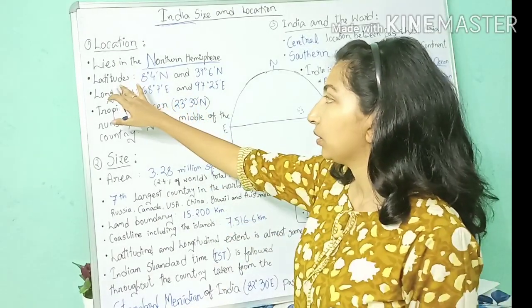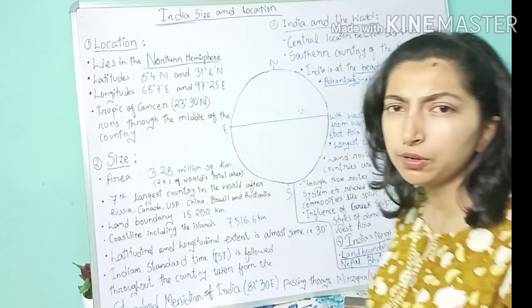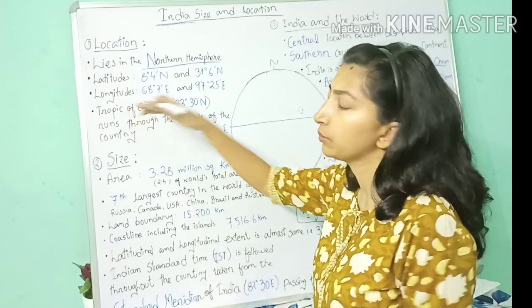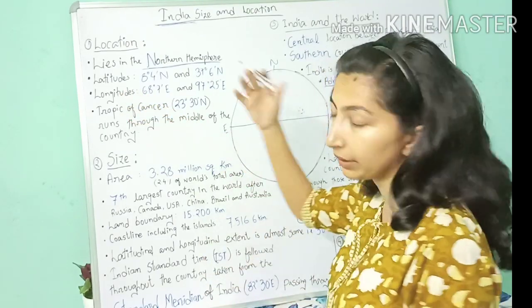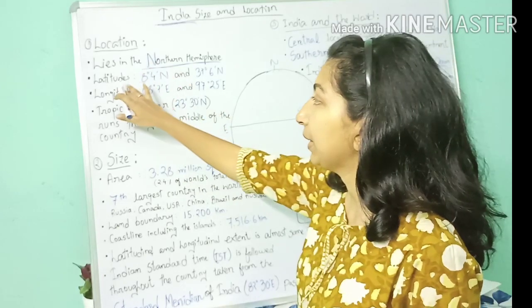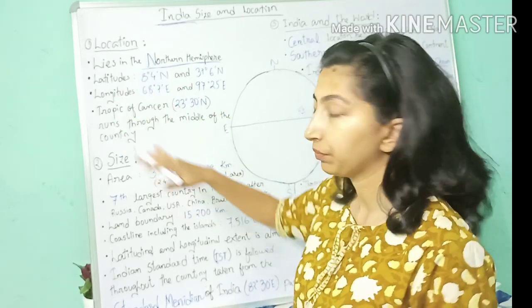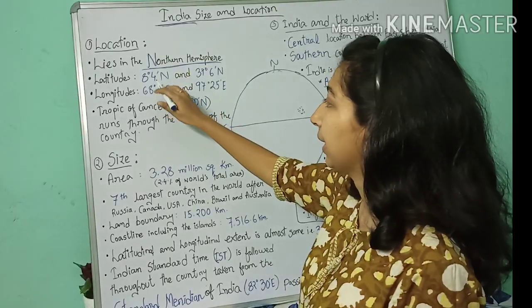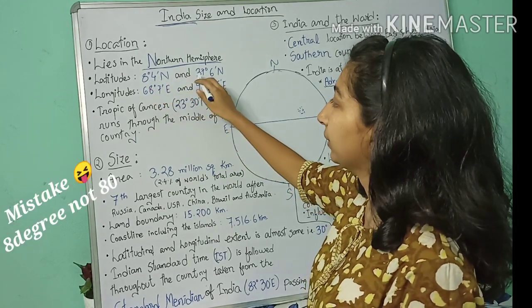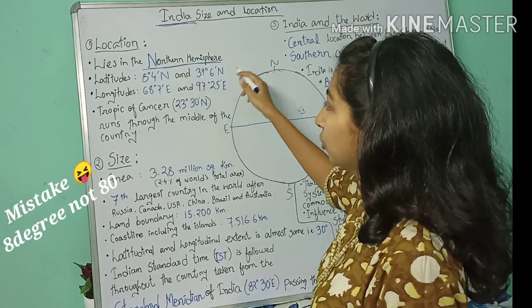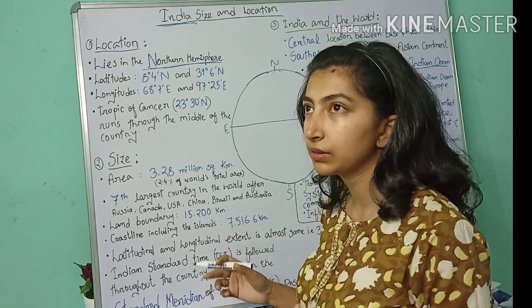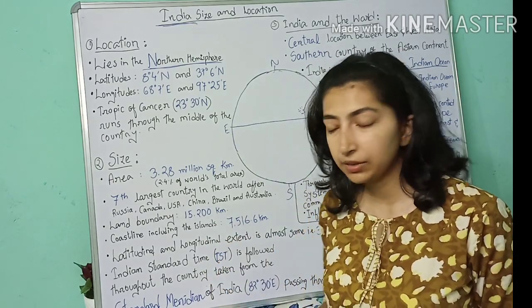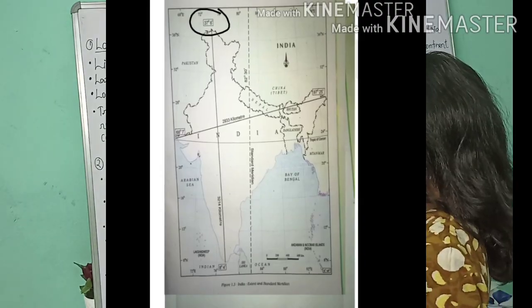Now see, latitudes and longitudes. I'm sure you have studied about latitudes and longitudes earlier. You are getting it again now. But what are the latitudes and longitudes of India? Now the latitude of India is 8 degree 4 north and 37 degree 6 north. When I say this, you can refer to this page where you can see India.